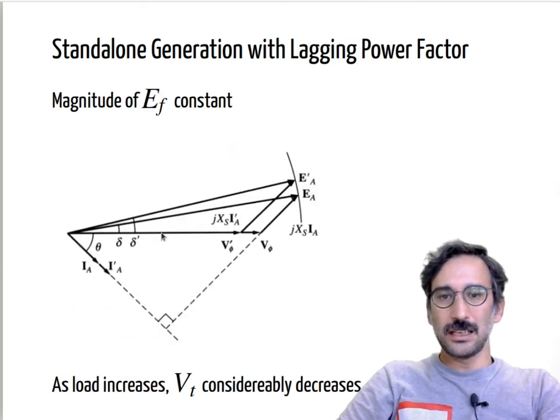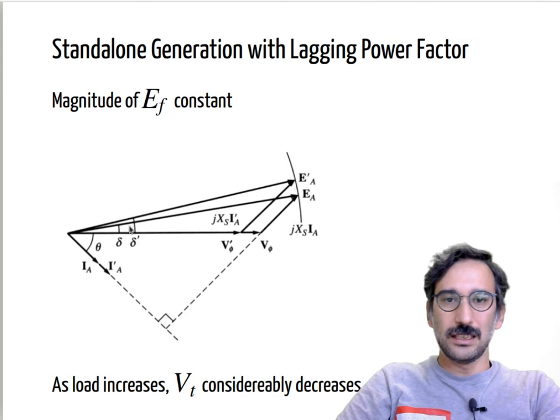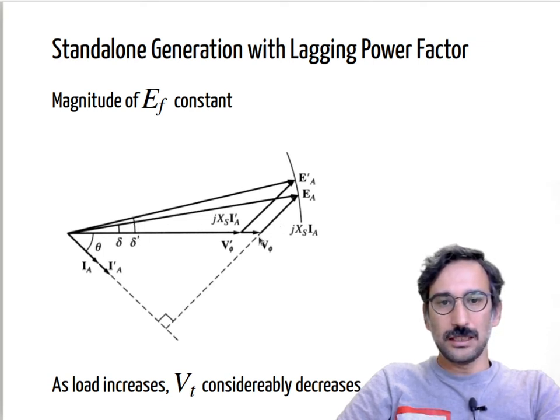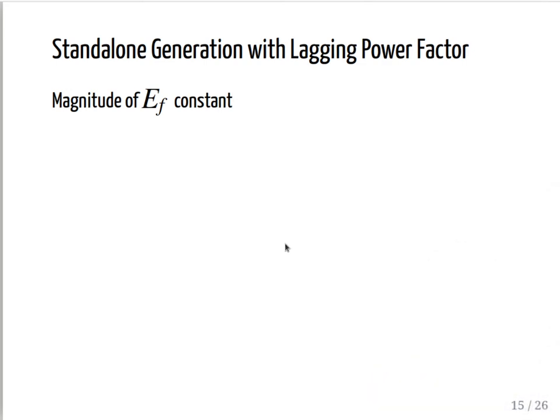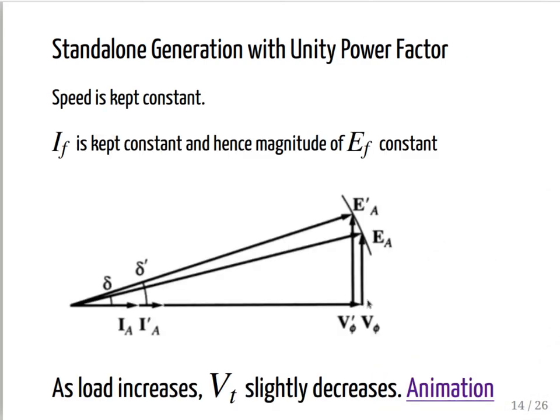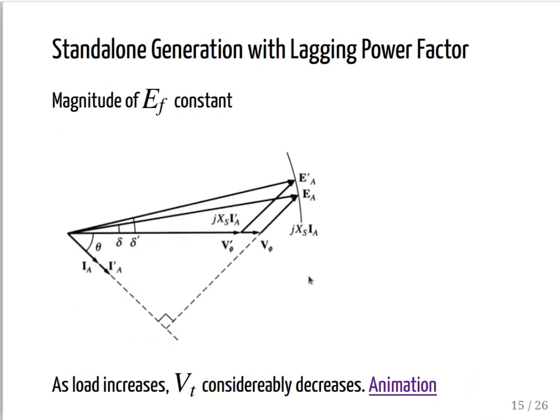The same thing is happening with the lagging power factor here. As you increase the load, the load angle has increased, and also the magnitude of terminal voltage is reduced from that point to that point. The decrease in VT, if you just look at that value and that value, the reduction has increased.